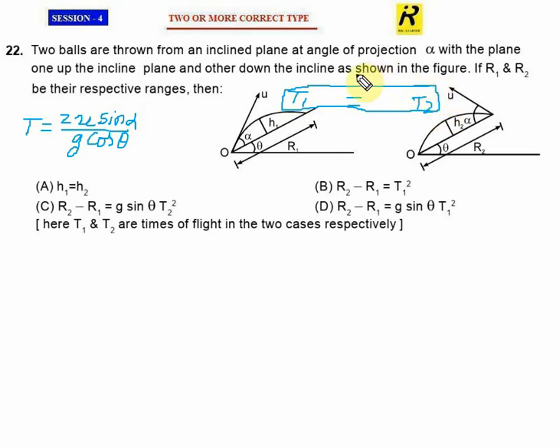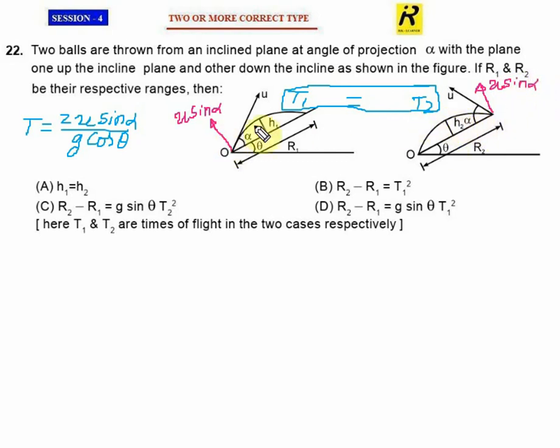This we can prove. But one must remember this in any such circumstances where we get four choices and need to answer quickly. Now if I split the vertical component of the velocity with respect to the inclined plane, this is u sine alpha, and here also it will be u sine alpha with respect to the plane.